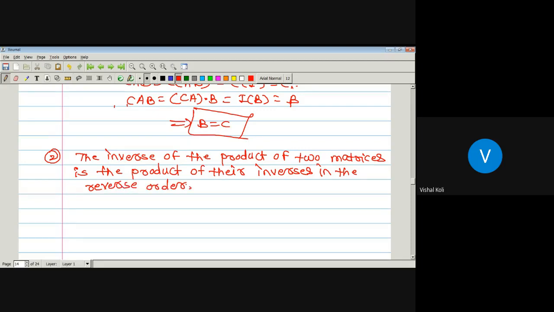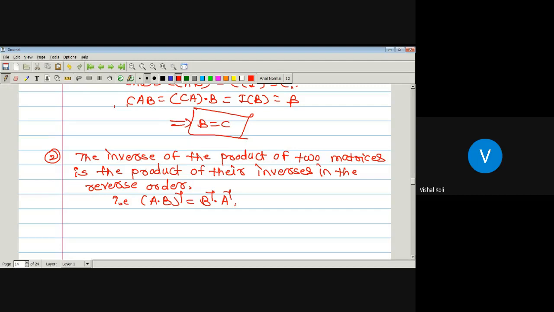Okay. So the inverse of the product of two matrices is the product of their inverses in the reverse order. It means the inverse of A into B is equal to B inverse into A inverse. This is for two particular matrices.